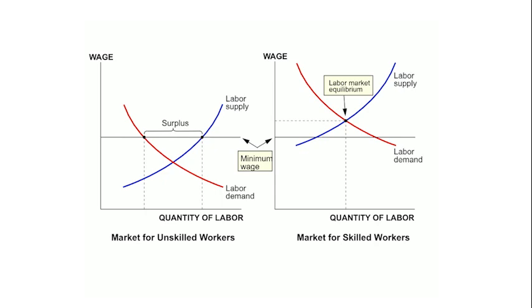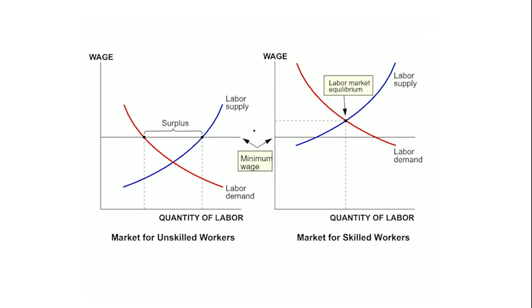On the left, we have unskilled workers, and the picture here assumes that their equilibrium wage, in the absence of a minimum wage, is lower than the government-imposed minimum. And so that's binding, if you like. So there's going to be a difference in these two markets about the impact of the minimum wage. So first, over on the left, you can see that since the wage is above the minimum, the quantity of labor demanded is going to be less than it would be at the equilibrium.